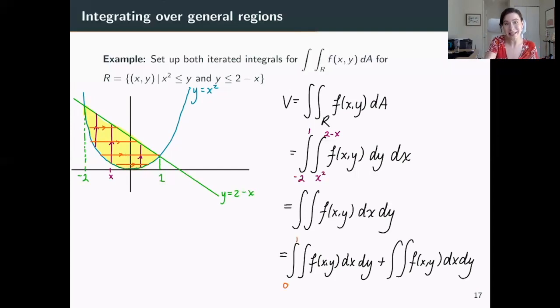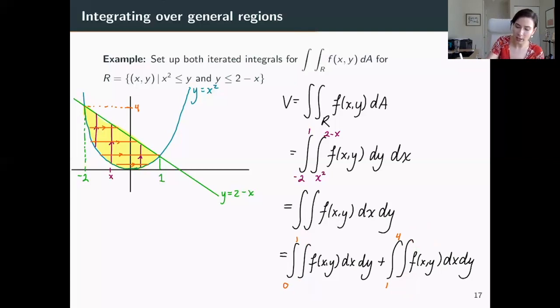So we can break up the iterated integral as the integral of f of x comma y dx dy plus another iterated integral of f of x comma y dx dy, where something is happening from 0 up until this value of 1. So I'll have from 0 to 1. And then something different is happening from 1 up until I take my last little rectangle up here, which is going to be 4, after a little bit of algebra to realize that that is going to be 4. So I'll end up getting 1 to 4 here. Now the question is, what are those limits of integration going to be? And again, we want these to be expressions in terms of y. So we need to do a little bit of shifting.